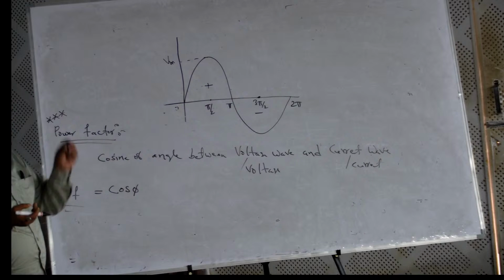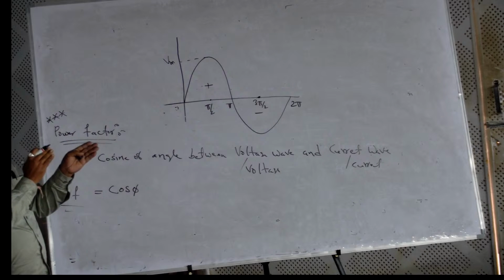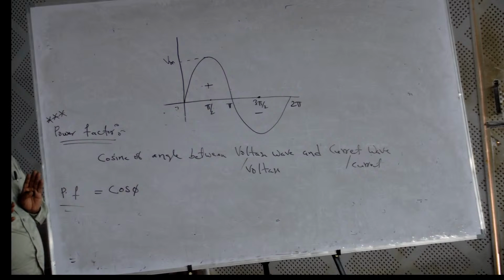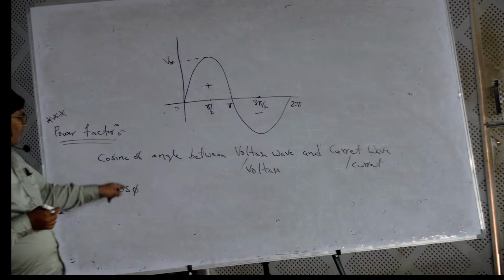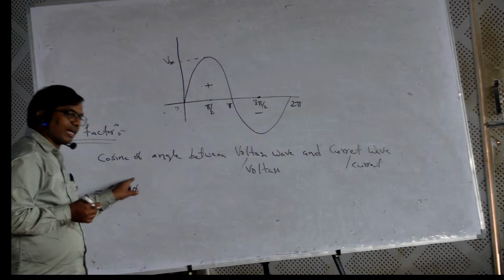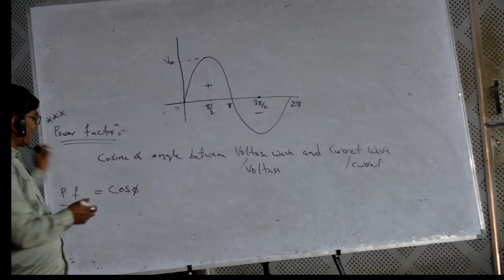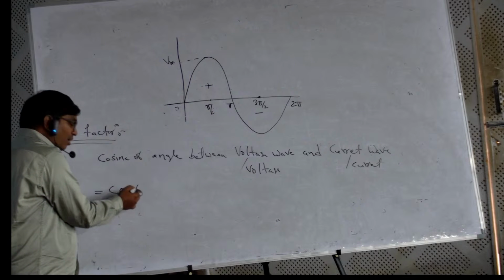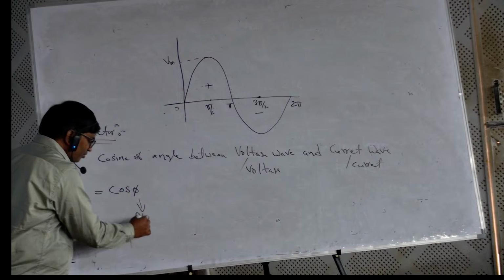How the waveform is making with respect to the voltage wave and current wave, that is nothing but the phase difference. The angle between voltage and current is nothing but phi. Cos phi, so phi is nothing but the phase here, not theta. This phi is nothing but the phase.